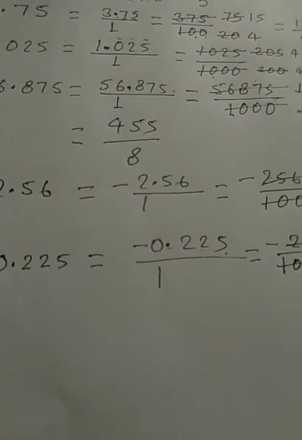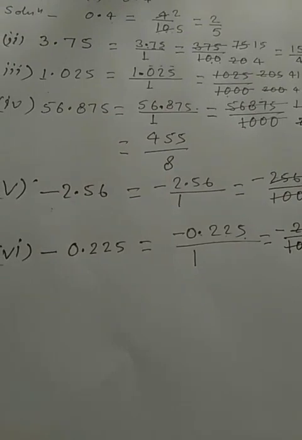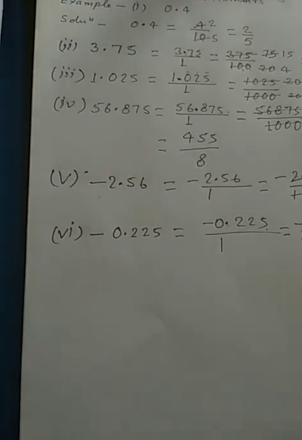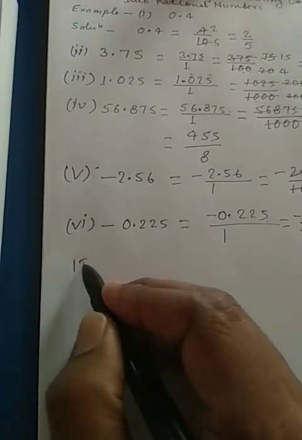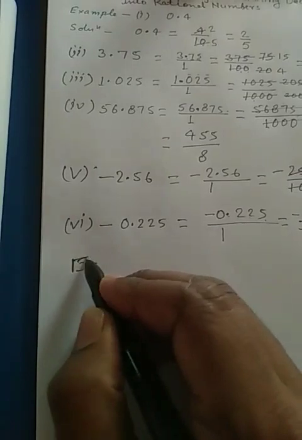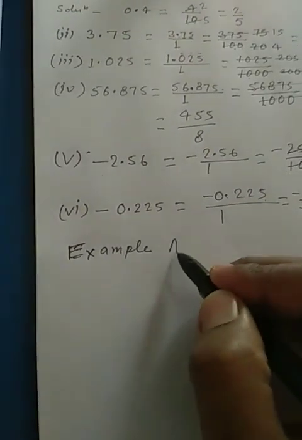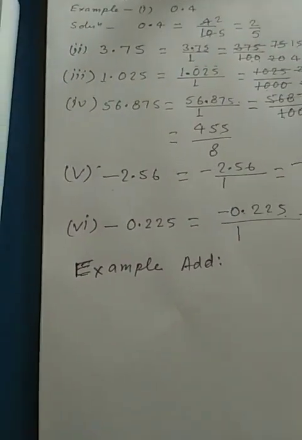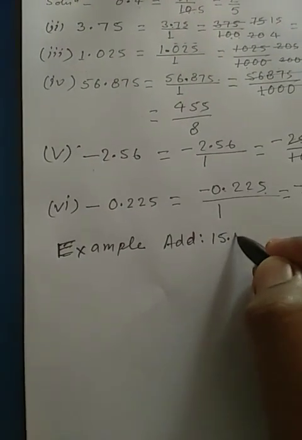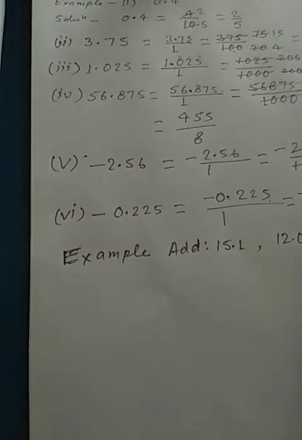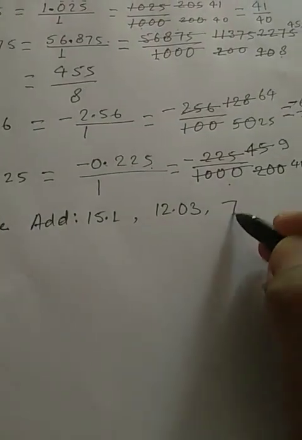Students, now we have to understand how we add, subtract, multiply or divide this type of decimal numbers. Suppose we have to add 15.1, 12.03, and 7.209.